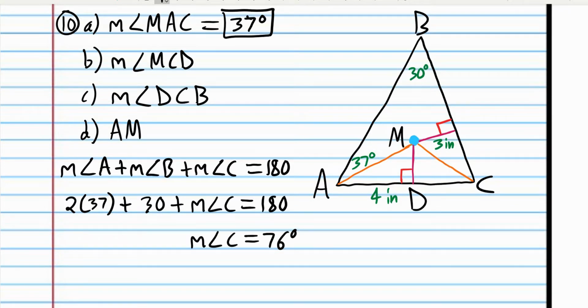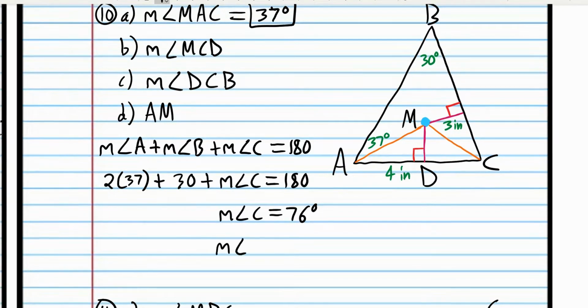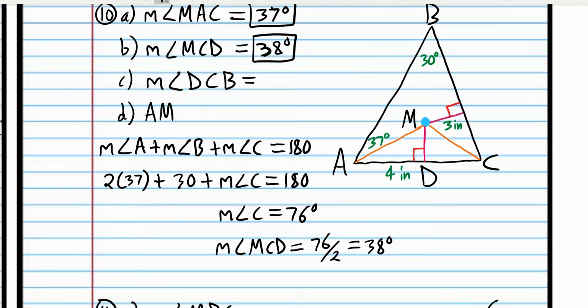And that's going to be measure of angle MCD is going to be 76 divided by 2, which is 38 degrees. So that is 38 degrees. And now DCB, that's the entire angle over here, so that would be 76. We already found that.